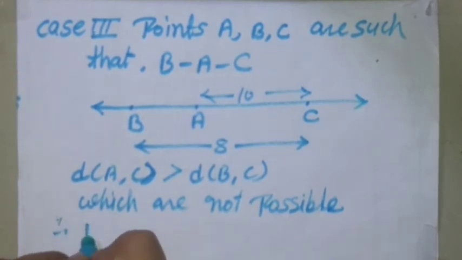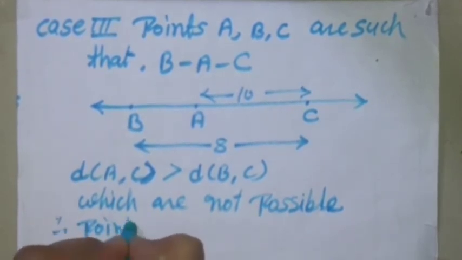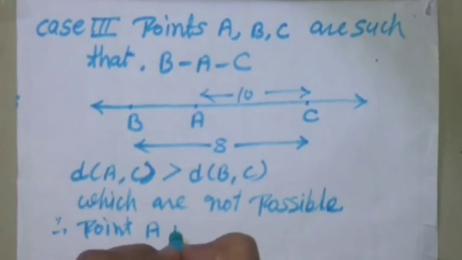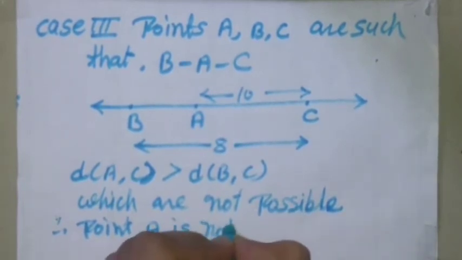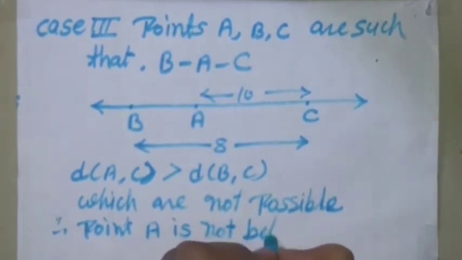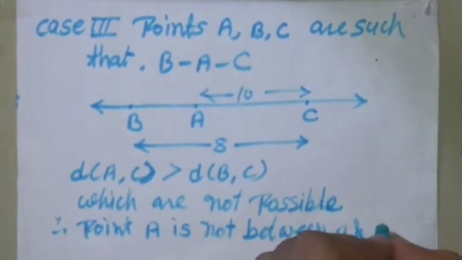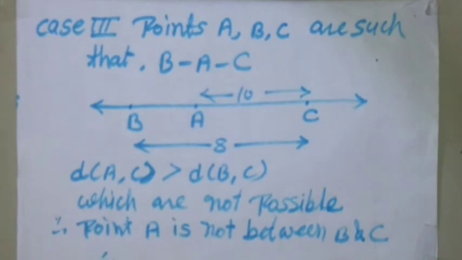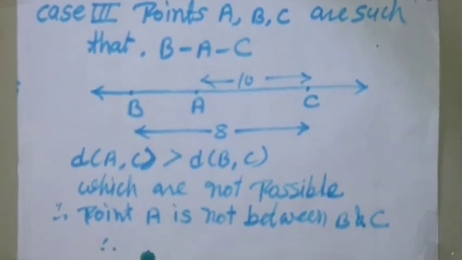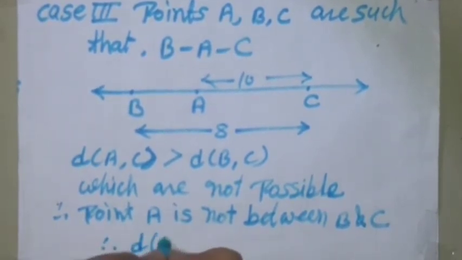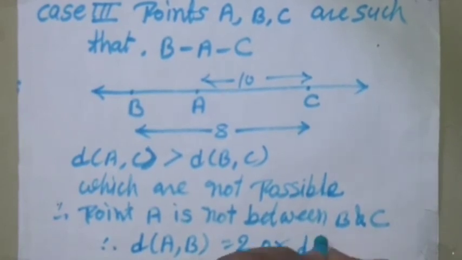Therefore, point A is not between B and C. Therefore, distance of AB equal to 2 or distance of AB equal to 18.